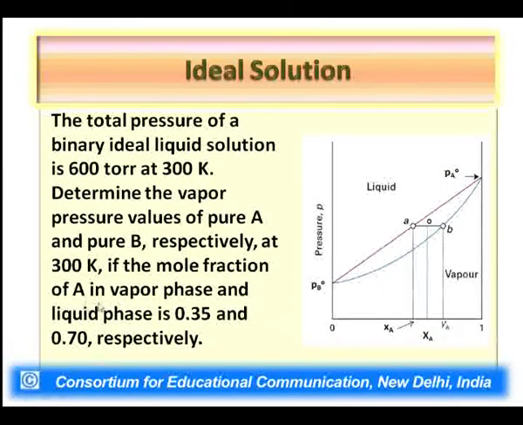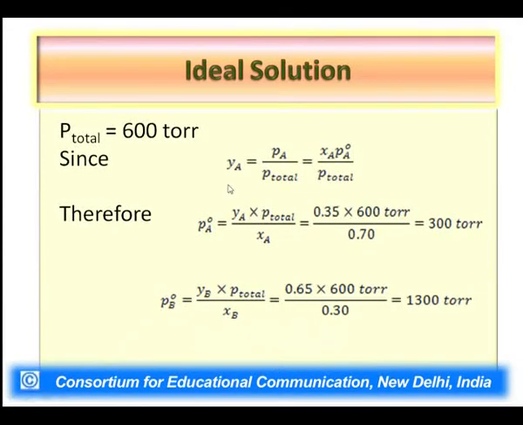We are further given that the mole fraction of A in the vapor phase is 0.35 and in the liquid phase is 0.70. We need to find PA naught and PB naught, and we are given P total, YA and XA.